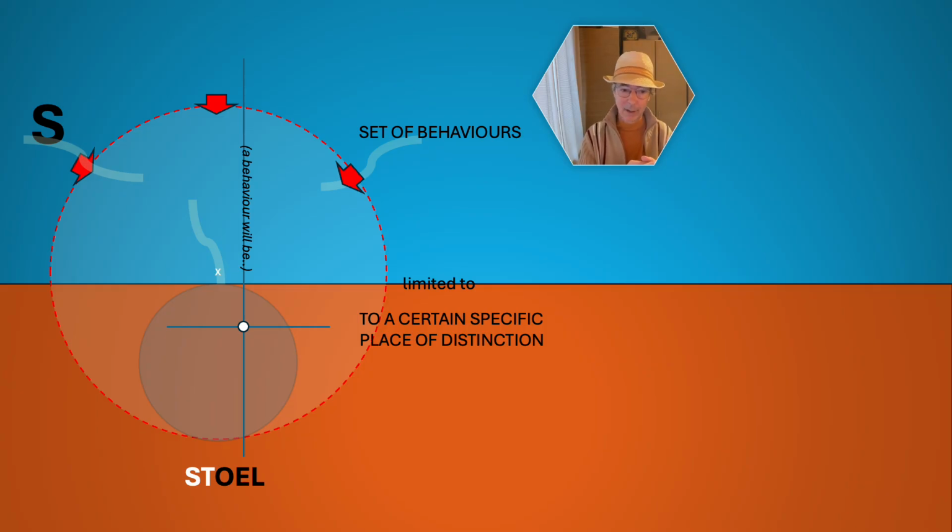But it makes it now clear that what we are going to do is some behavior will lead to T, which is a very specific place of distinction. It's a letter. I don't include the theory here yet, but the theory says T is about a place of distinction, a certain specific place of distinction where you also will find some idea of a quality of distinction as well.